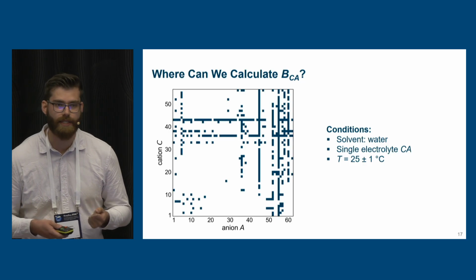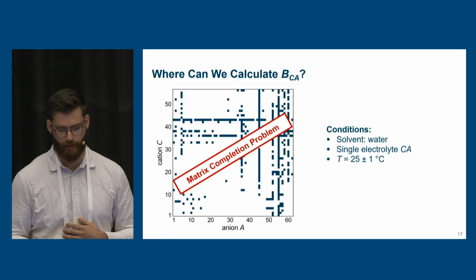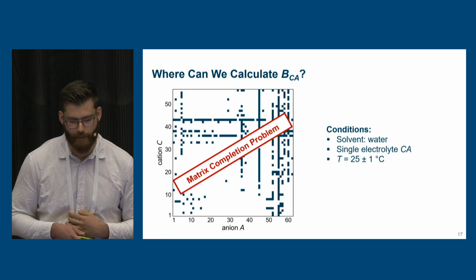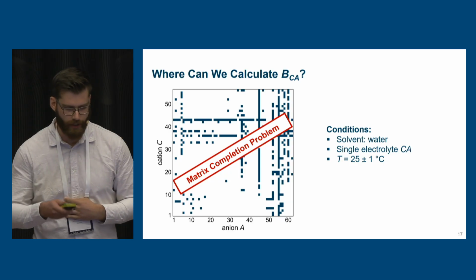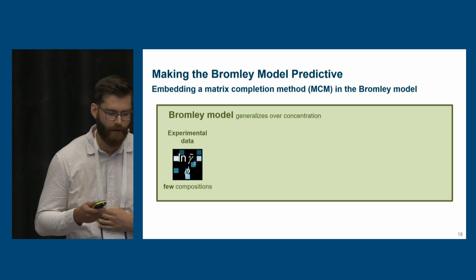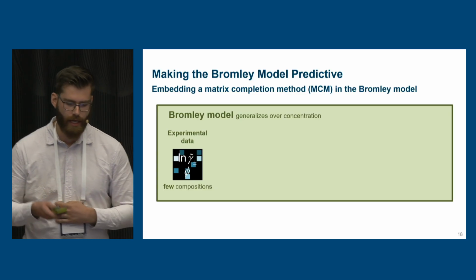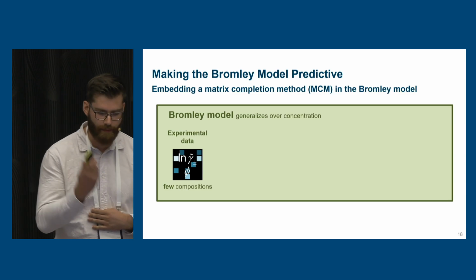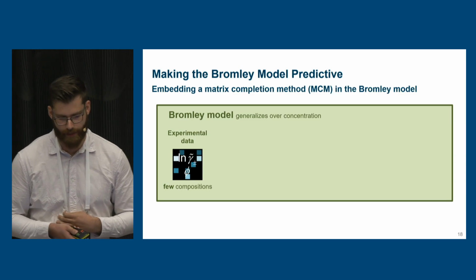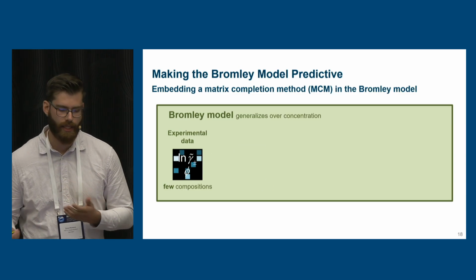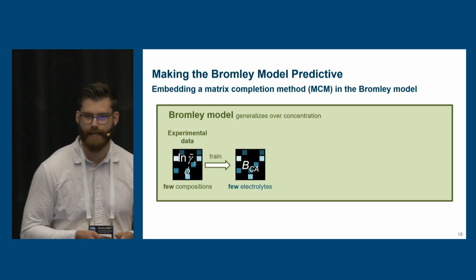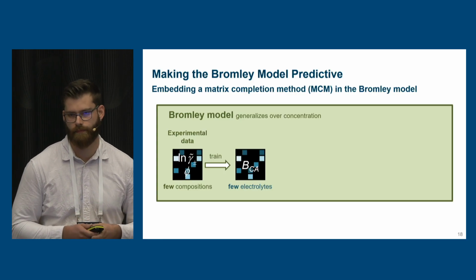That is, unless we consider this to be a matrix completion problem. We can solve it using a matrix completion method. How does this work? We start with our experimental activity coefficient data that we can get from a database. Here we have some data points for some electrolytes. And for those electrolytes, we can then calculate the Bromley parameter BCA and put it into such a sparse matrix.